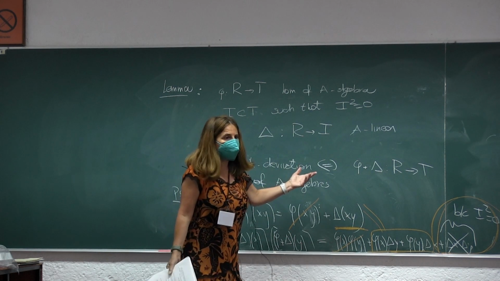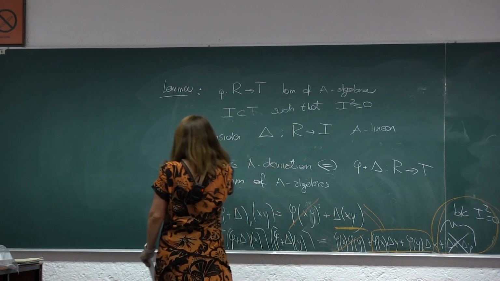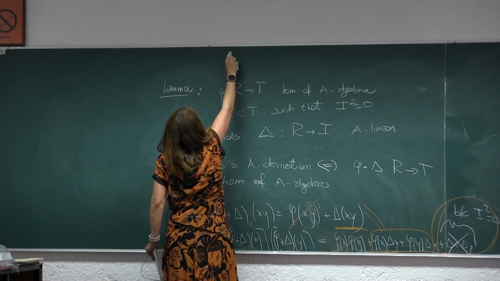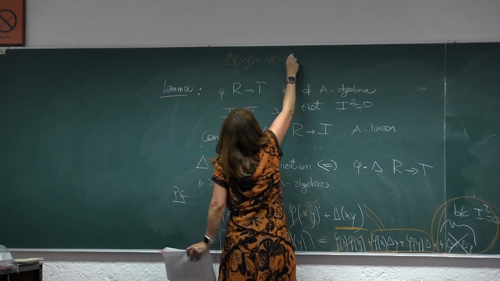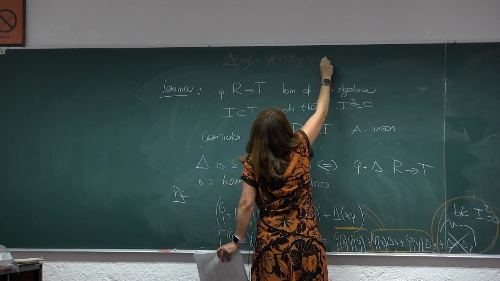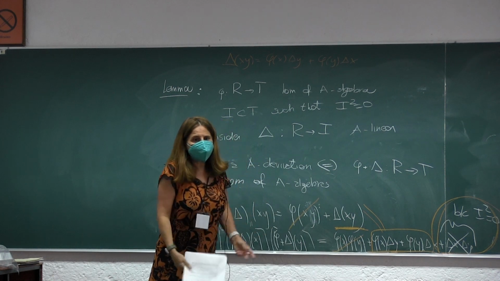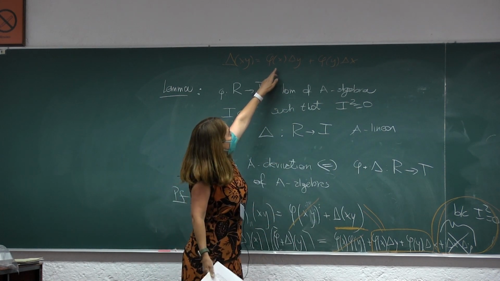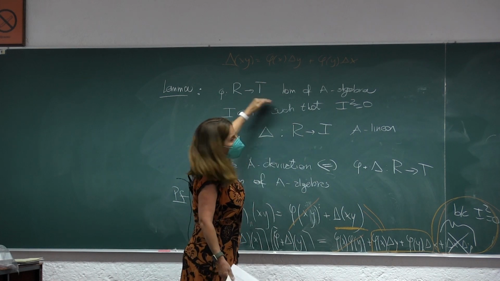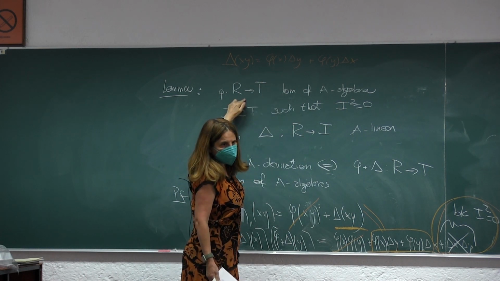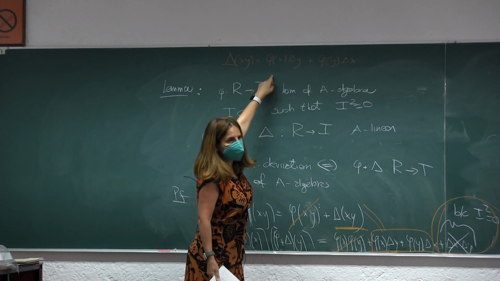And think about what this tells us. This tells me that delta of xy is phi of x delta y plus phi of y delta x. This tells me that this is a derivation, because that's exactly how you multiply. To multiply elements, you have to apply phi, because x is in R, so you have to send them into T, and then you can multiply them.